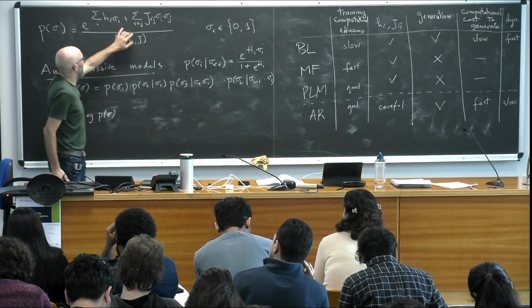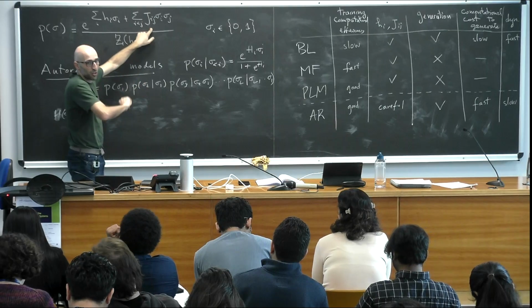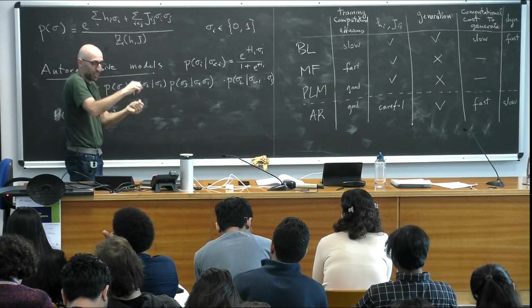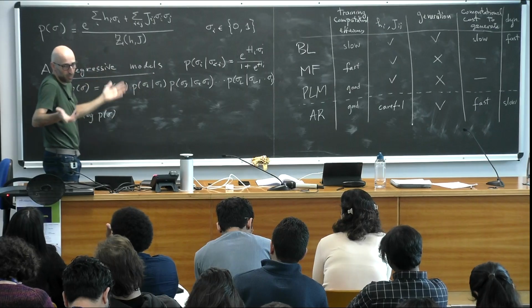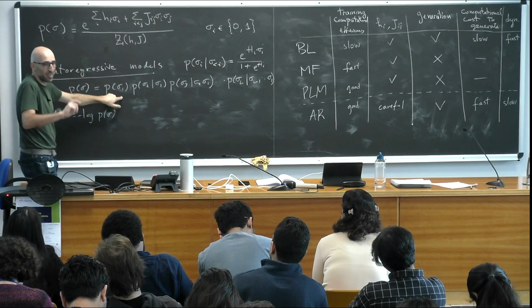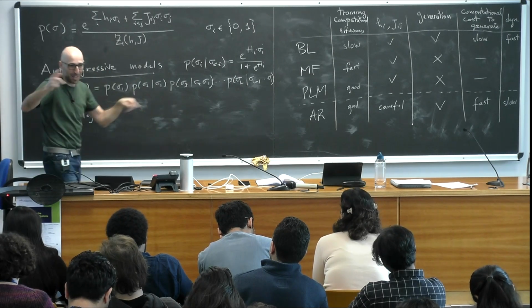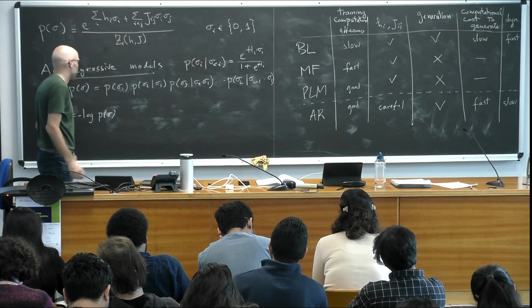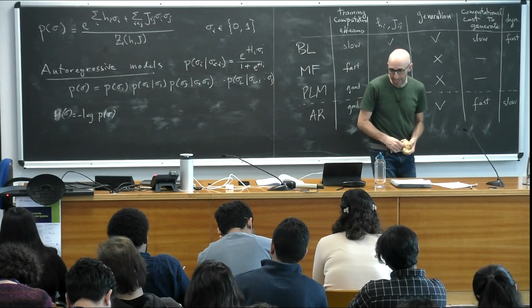Well, L steps, because if you change one spin, you have to compute the effect of the change on all the others. Each spin is coupled in principle to L spins. So it takes L operations in Boltzmann distributions. Here it takes L square operations because you have L terms and each of them is a sum of L things. So, okay. Anyways, this is just to give you an idea.